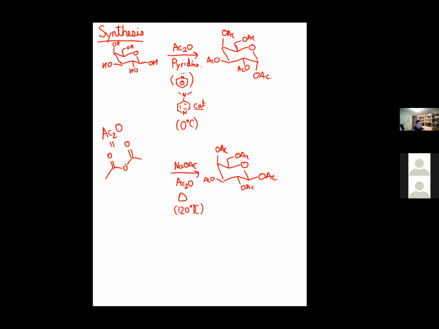So in the first one, your base in there is pyridine and it's cold. So you never have O minus. You always have OH. And your electrophile, especially if you have the DMAP catalyst, is that guy.